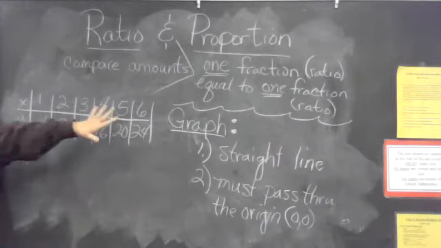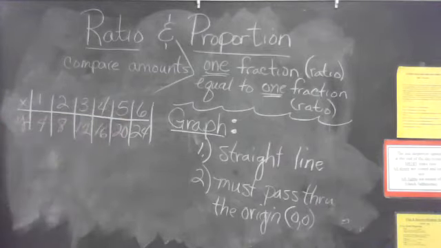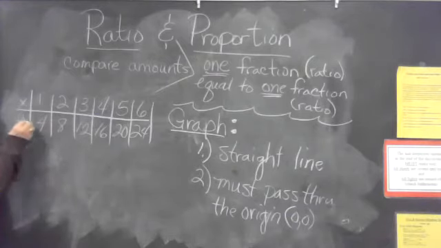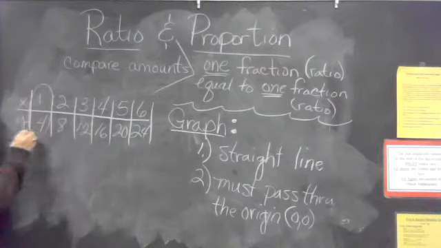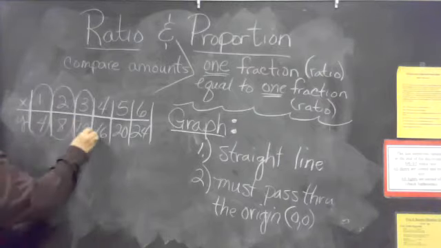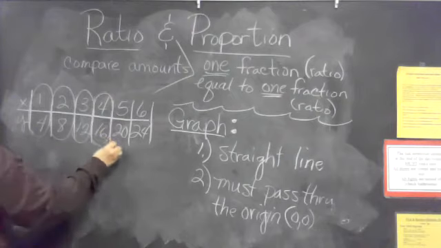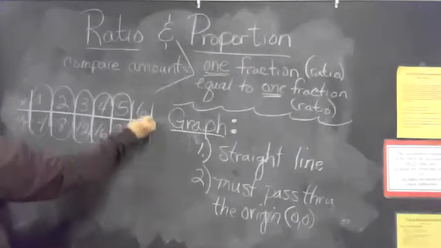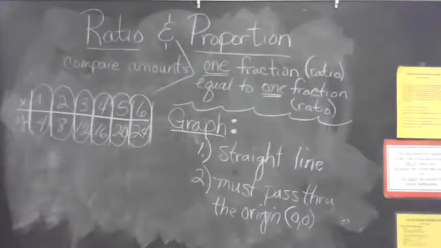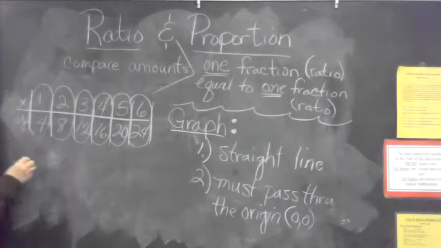Does this represent a proportion? So what you're going to do is treat each one of these like a fraction or a ratio, and every one of them you're going to simplify as far down as you can. They all must simplify to the same number.